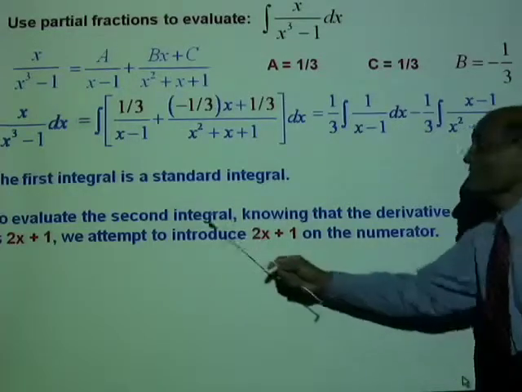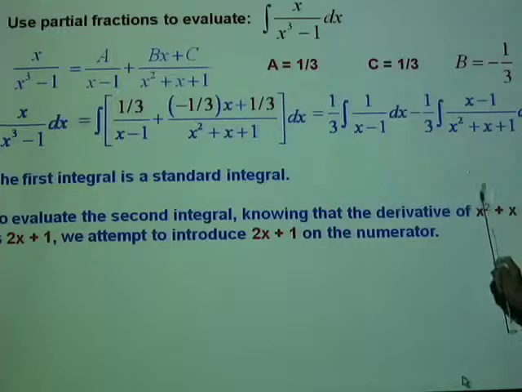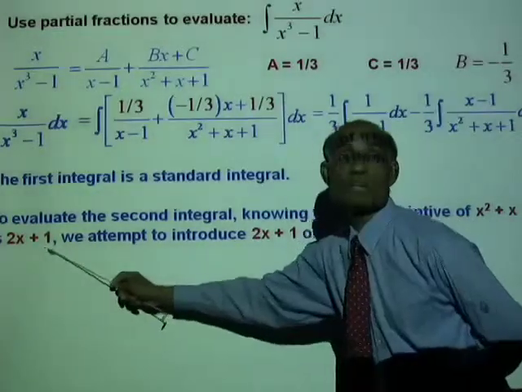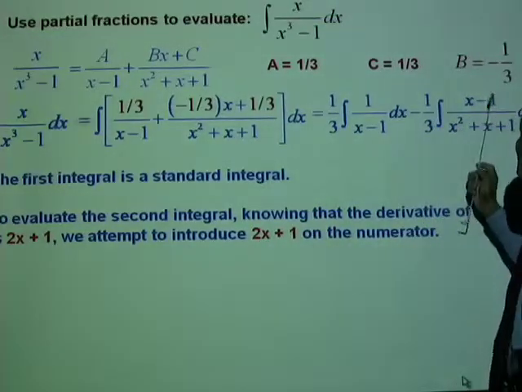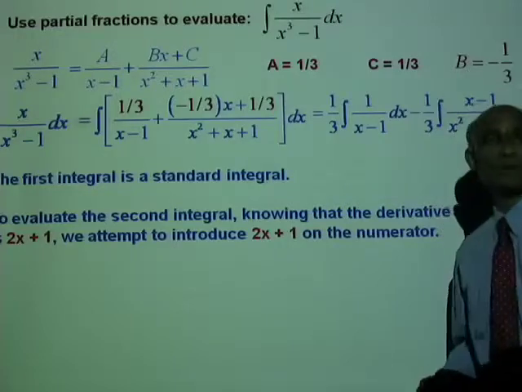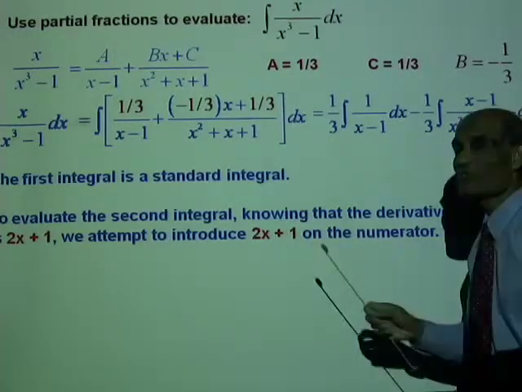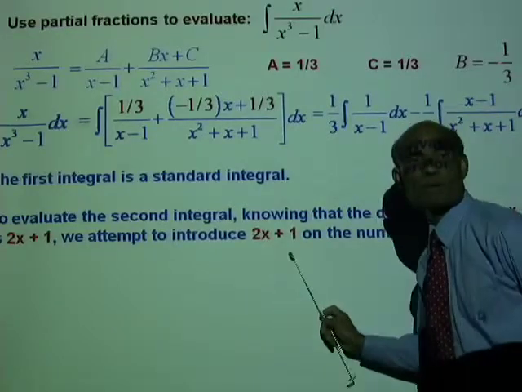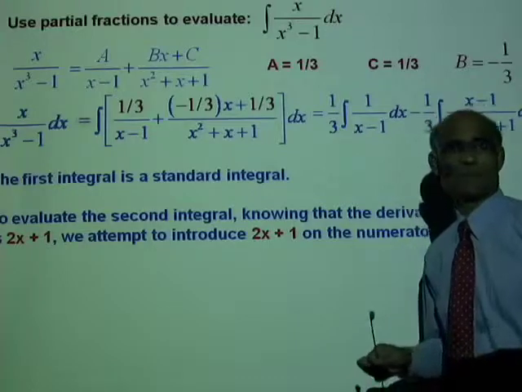Now, to evaluate the second integral, knowing that the derivative of x squared plus x plus 1 is 2x plus 1, we attempt to introduce 2x plus 1 in the numerator. Now, is it possible to write x minus 1 using 2x plus 1? Oh, well.